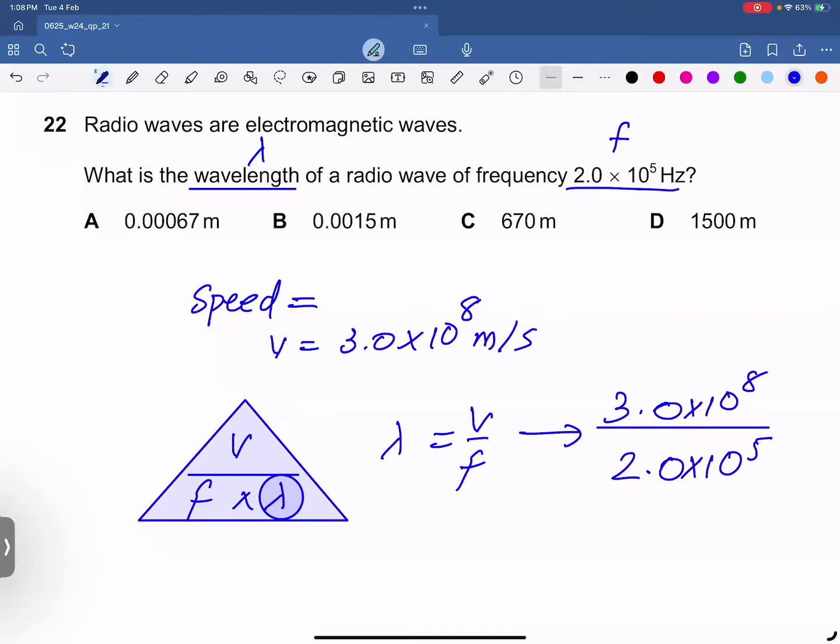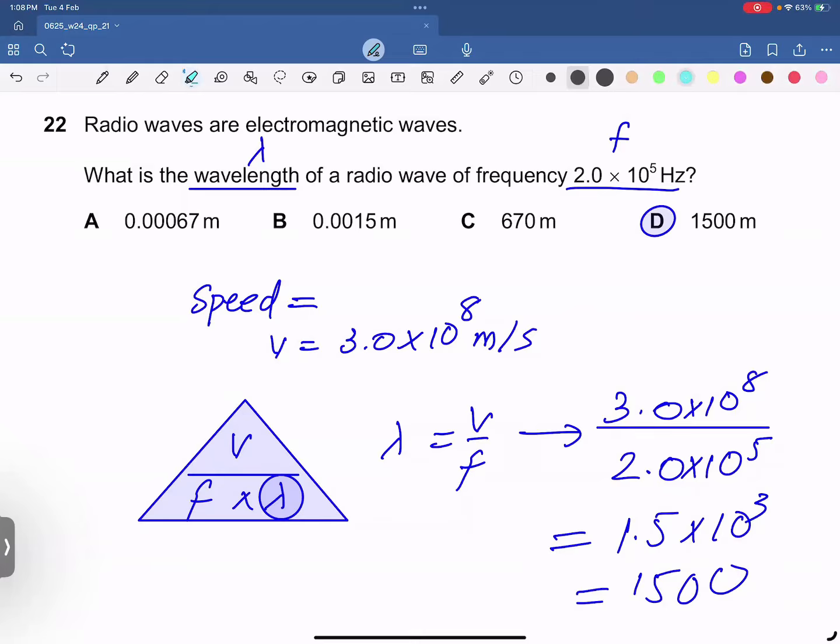When you divide them, 3 divided by 2, 1.5 × 10^3 will be the answer. So 1.5 × 10^3, which is 1500. Option D. Easy question. You just needed to know that the electromagnetic radiation speed is 3 × 10^8. You put the wave equation, you get the answer.